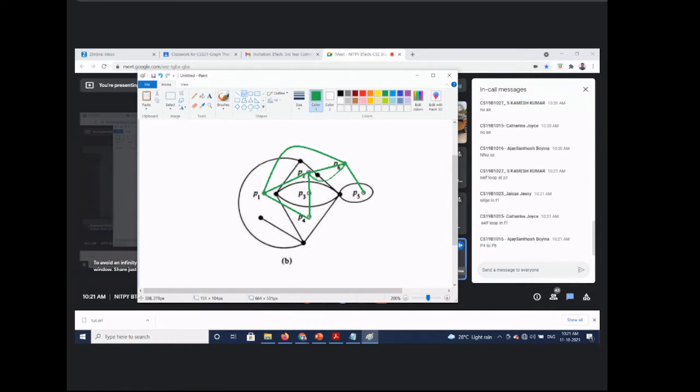P4 to P6 has not been done. It's becoming a bit difficult to map, right? P1 to P6, anything left out? P4 to P6, yeah. Sorry, P1 to P6 is done. P4 to P6 is also done. Okay. Self loop. Joyce says self loop. Correct.